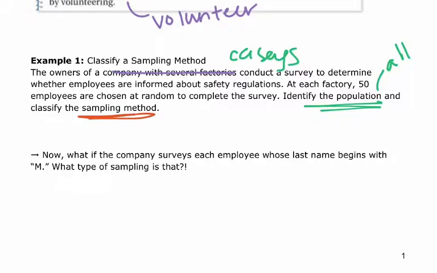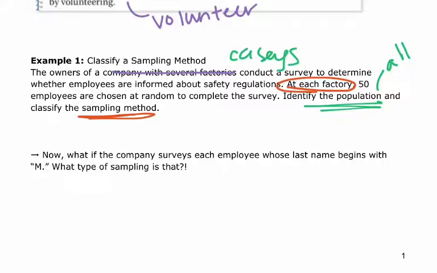If they look at each factory, they're grouping it based on who works at those factories. Or in this case, if I'm looking at all the Casey's in the state of Iowa, and I choose New Hartford Casey's, Applington Casey's, Grundy Center Casey's, Allison Casey's, I am picking on those groups.